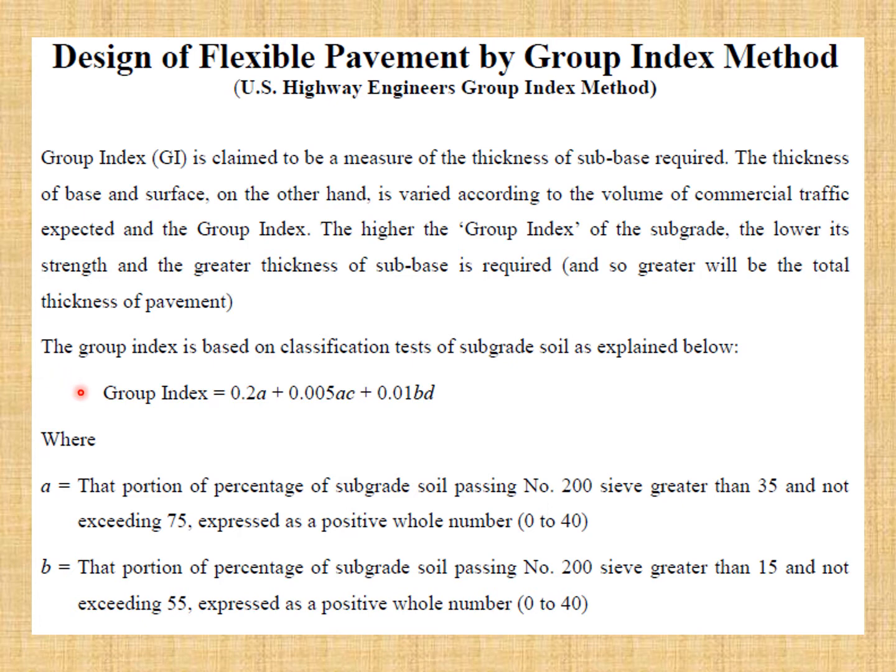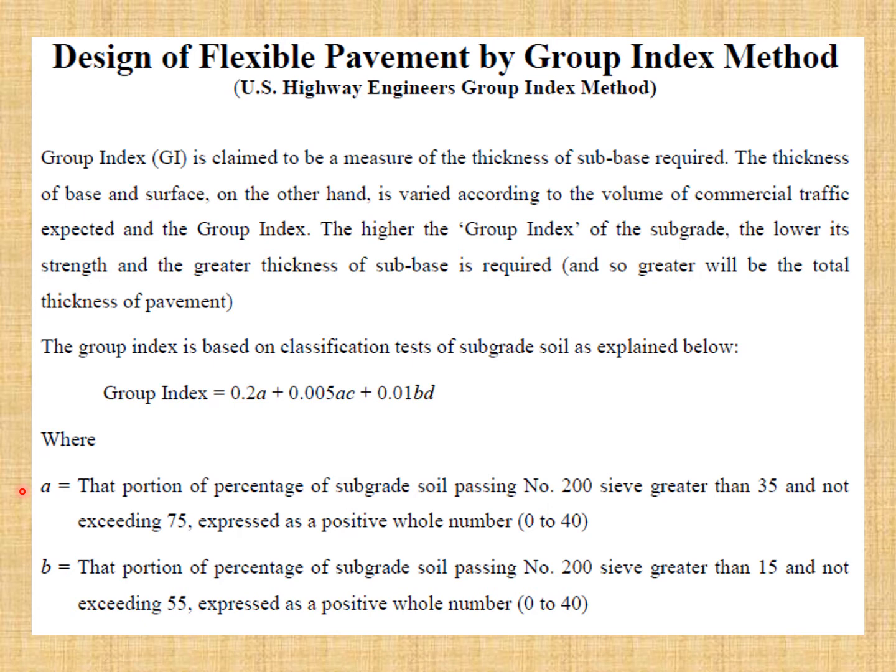So this is the formula of group index, and you can see that there are different variables A, B, C and D involved. Here A means that portion of percentage of subgrade soil passing number 200 sieve greater than 35 and not exceeding 75, expressed as a positive whole number 0 to 40.